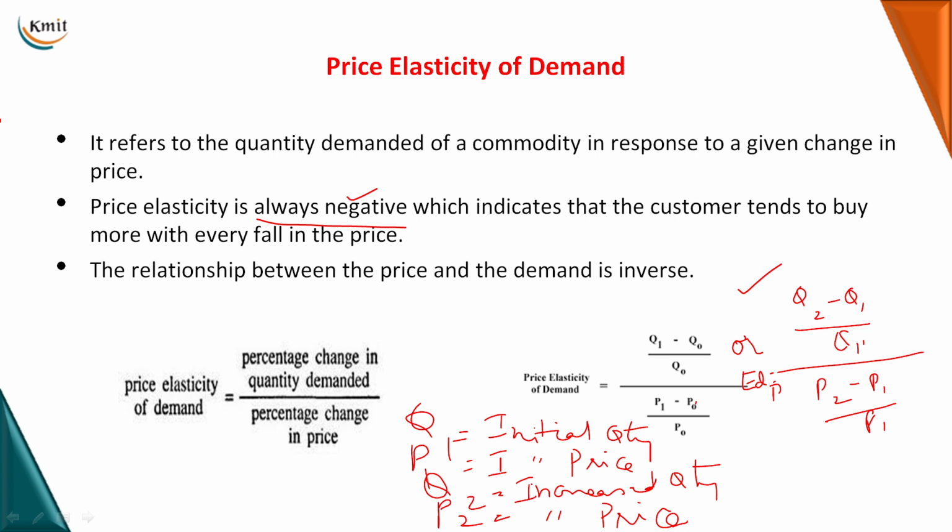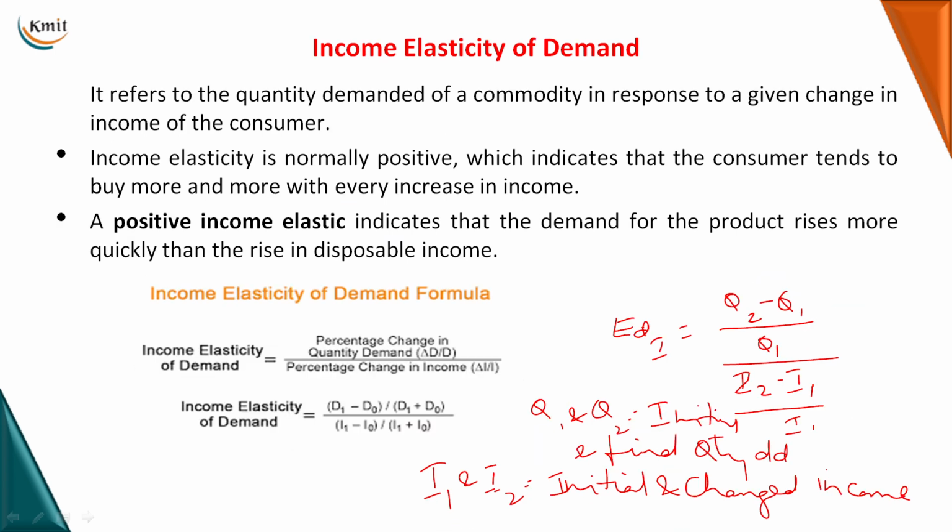If the price elasticity is greater than 1, we interpret it as relatively elastic. That is how the interpretation will be done. The same thing will be applicable for the rest of the types of elasticity of demand also.